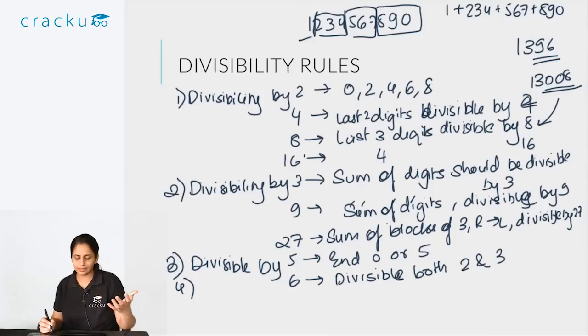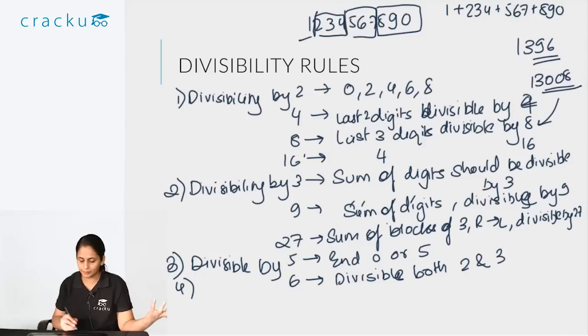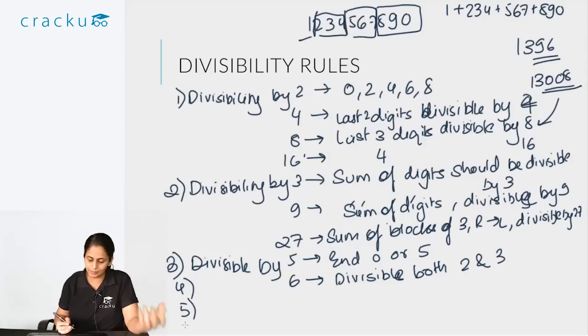For the divisibility of 7, it really doesn't make much sense to use a test because it reduces the number of digits one at a time. For a given large number, it doesn't make any sense whatsoever, so I'm going to skip that. The last divisibility test that you need to remember is divisibility by 11.